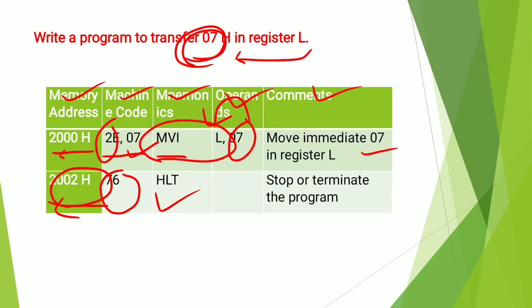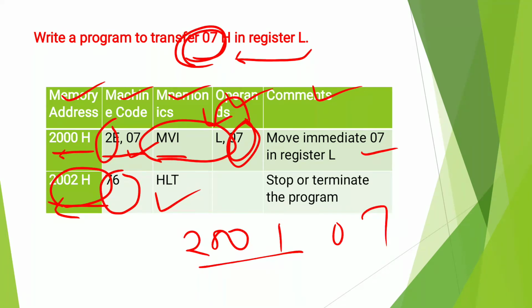MVI L is stored in the memory location 2000. Now 07 is in 2001. 07 is 1 byte, MVI is 1 byte. So total 2 bytes. After 2 bytes, halt is at the 2002 memory location. So this is the program to transfer the data into register L.